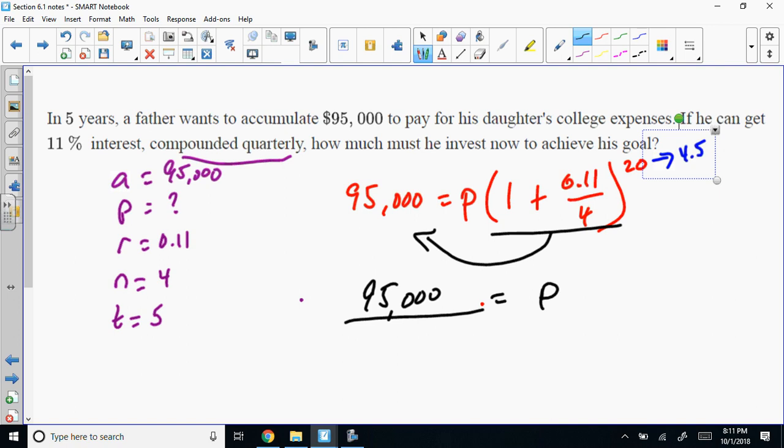That's roughly, now I'm rounding it, so be careful. You shouldn't round it. Keep that 1.7204 in your calculator. Type in 95,000 divided by the answer you just had, and hit enter. And ladies and gentlemen, they'd have to put in $55,218.80.